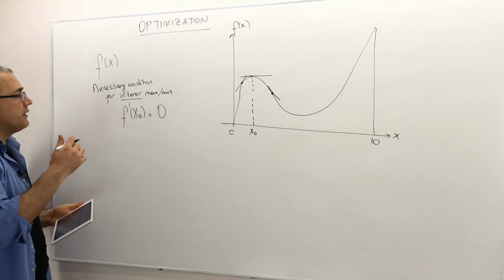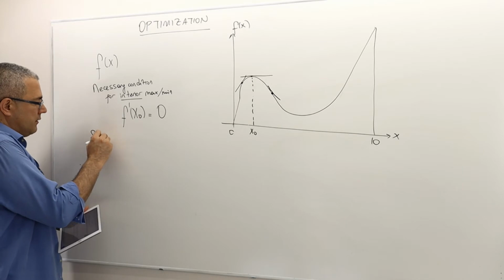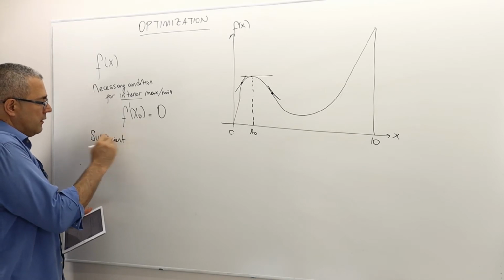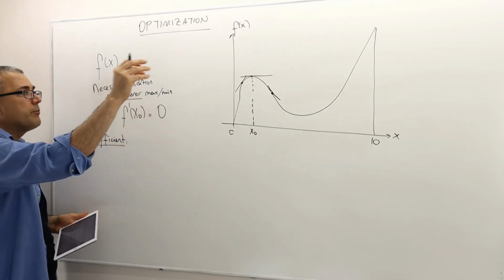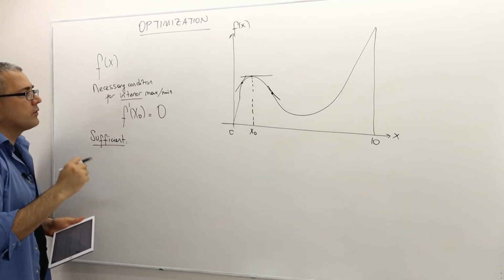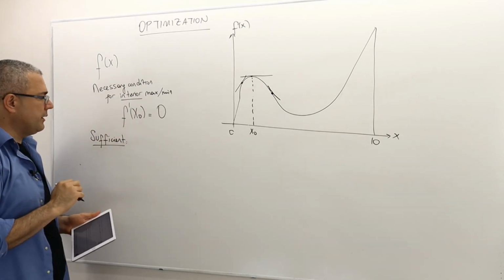So, sufficient condition. If an interior point is a max or min, then the derivative has to be equal to 0.